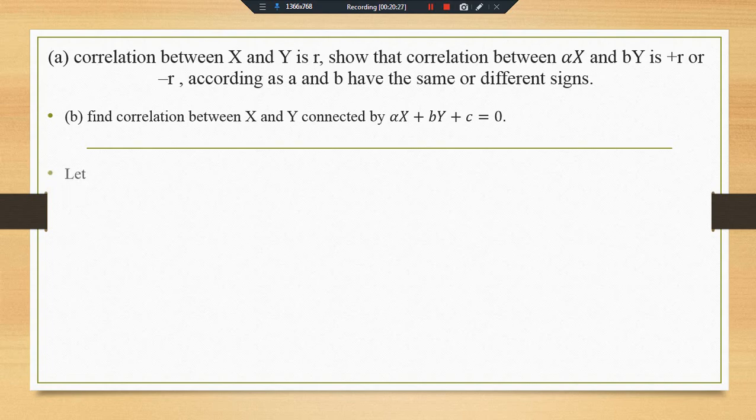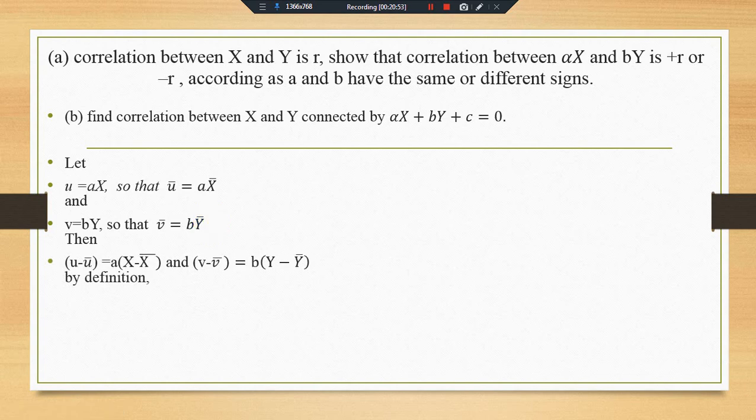So let u be equal to ax, so the mean of u, u bar, is equal to a x bar, and we have v equal to by, and the mean v bar is equal to b y bar. Now if we subtract this from this, we get u minus u bar is equal to a into x minus x bar.